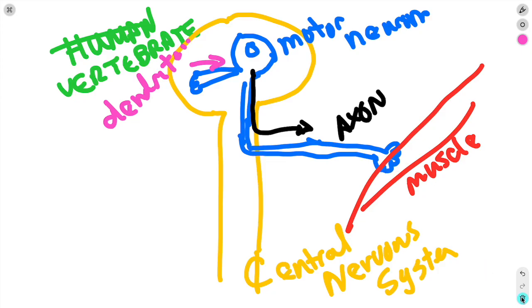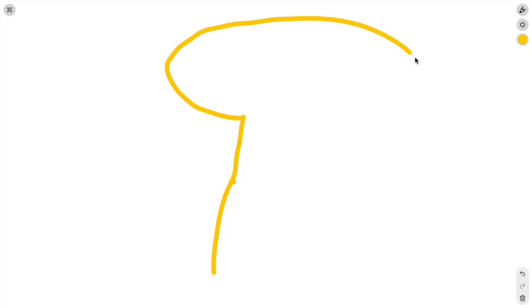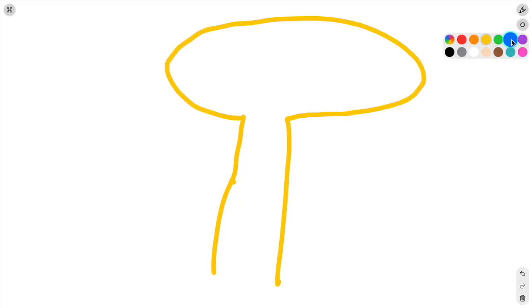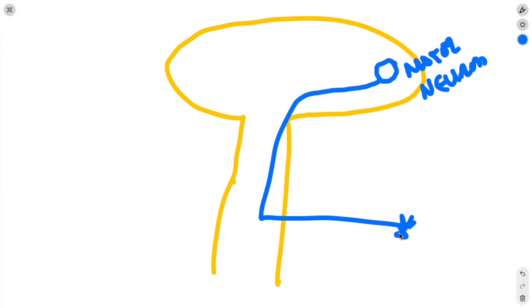So I'm just going to redraw this now to emphasize the other neurons. If we just go like this, this is the central nervous system. And now we're just going to draw the motor neuron really small like that. There's the motor neuron, and there's the axon coming out, going out to synapse with the muscle.